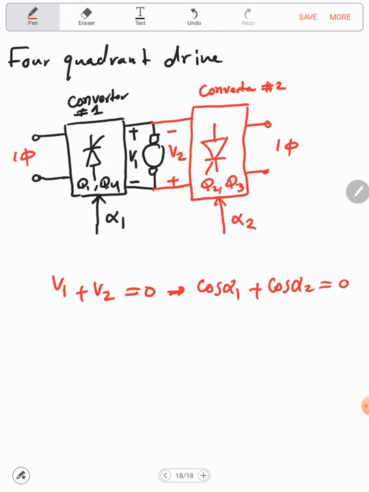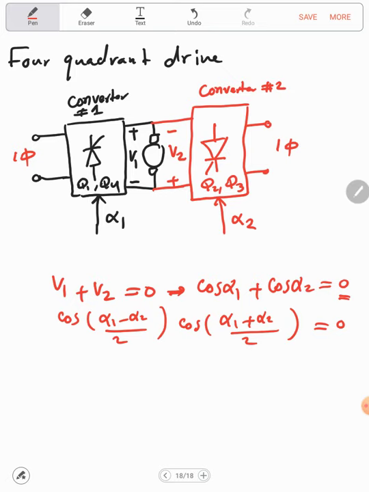Of course, here I'm neglecting the constant, which is 2 Vmax over pi, because at the end of the day I need the whole term to equal 0. So I will end up with cosine of (alpha 1 minus alpha 2) over 2 multiplied by cosine of (alpha 1 plus alpha 2) over 2 must equal 0. In order to make it 0, this term must equal 0, which means that alpha 1 plus alpha 2 is equal to pi.